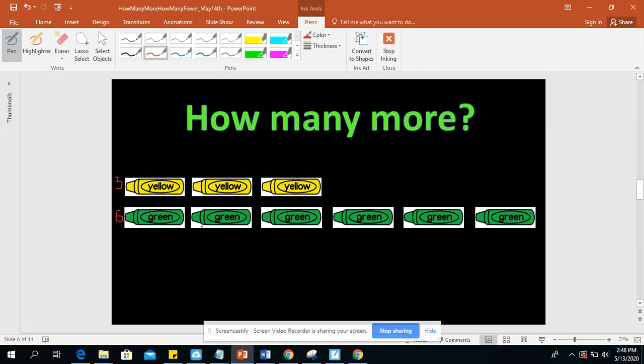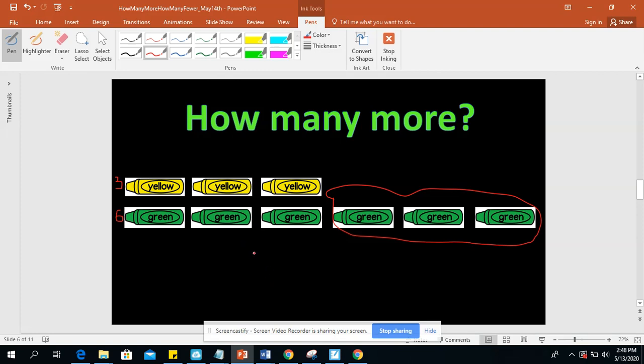So there are more green crayons than yellow crayons. But how many more? How many extra green crayons are there? Well, if you look at the picture, you see there are 3 extra green crayons. There are 3 more green crayons than yellow crayons.